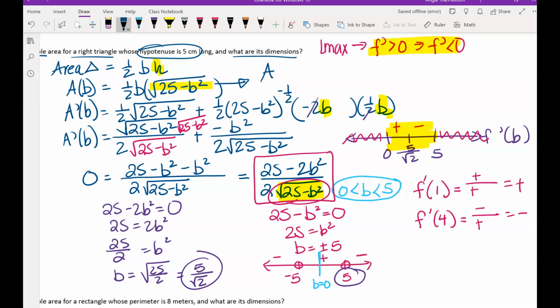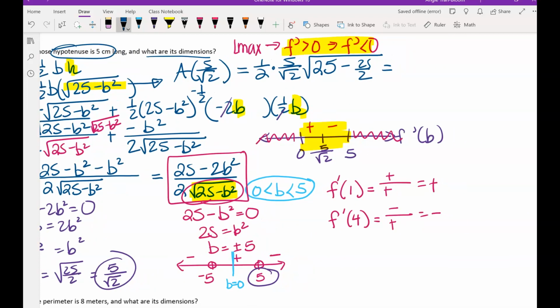So ready? A of 5 divided by square root of 2 equals 1/2 times 5 divided by square root of 2 under the square root, 25 divided by 5 divided by rad 2 squared, so that's 25 over 2. Okay, so let's see what my largest area is. We are going to have 1 half times the square root of 25 over 2, which is 5 over 2 rad 2 under the square root.